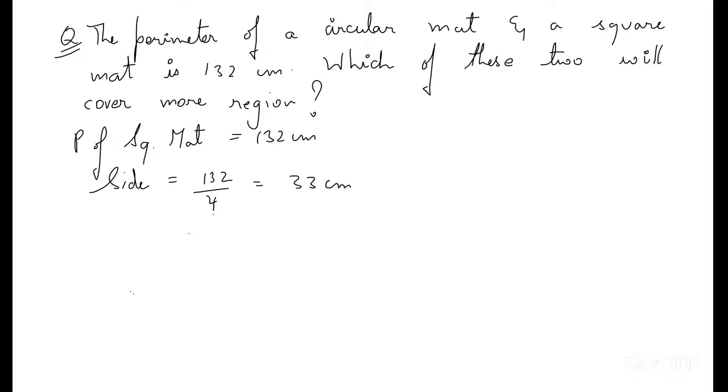Now area is side square. Area equals side square, so 33 into 33. That is 1089 centimeters square. So we have the area of the square mat.